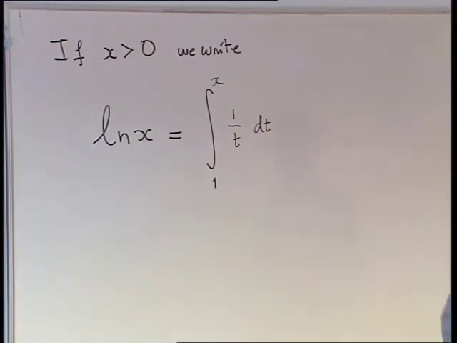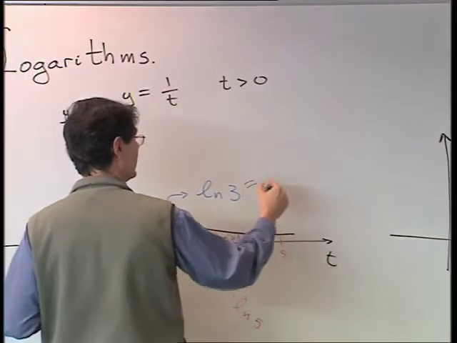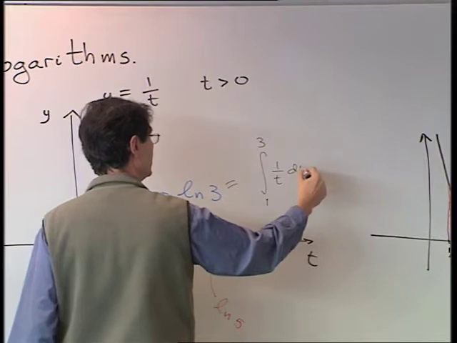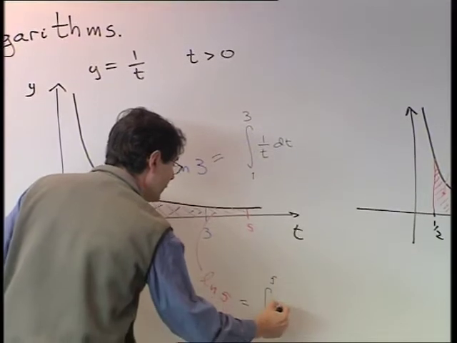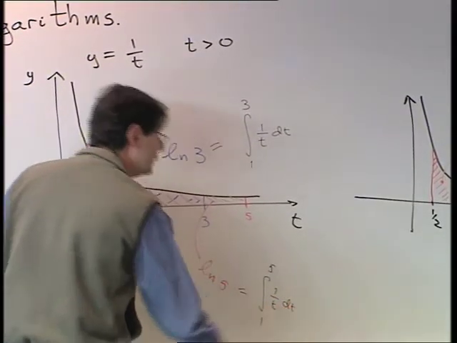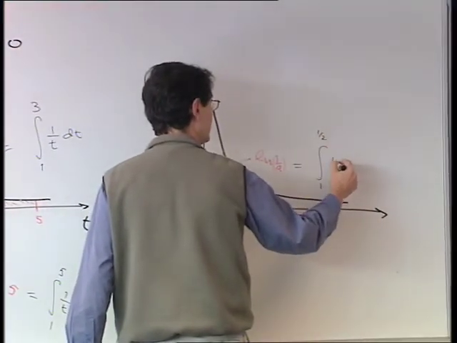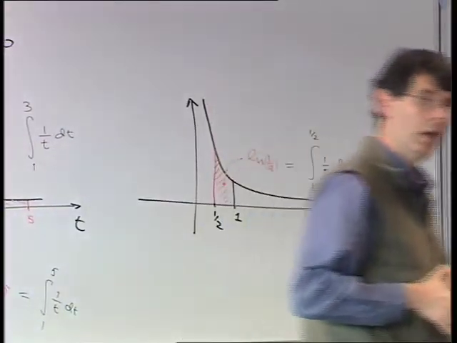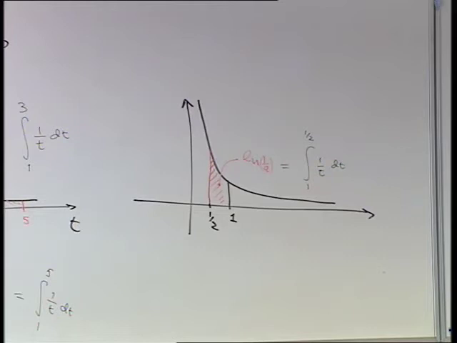We are used to that. So this guy here, log 3, you could write it as the integral from 1 to 3, 1 on t dt. Log 5 is the integral from 1 to 5, 1 on t dt. Log 1/2 is the integral from 1 to 1/2, 1 on t dt. It's okay to use the symbol for integral to represent area, because we know it's useful for that.